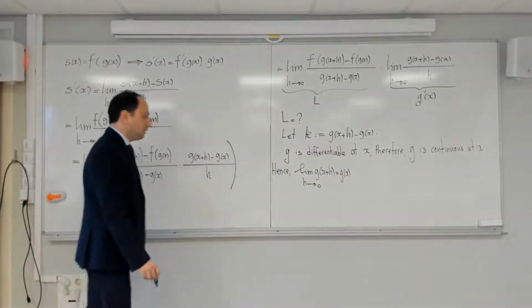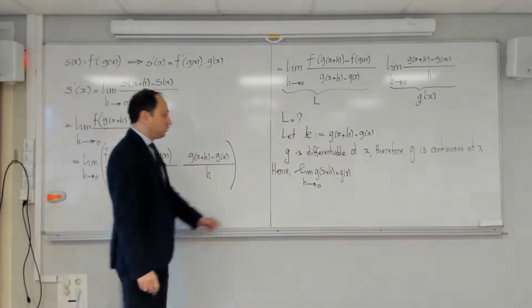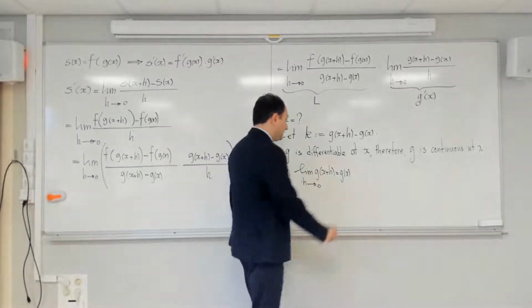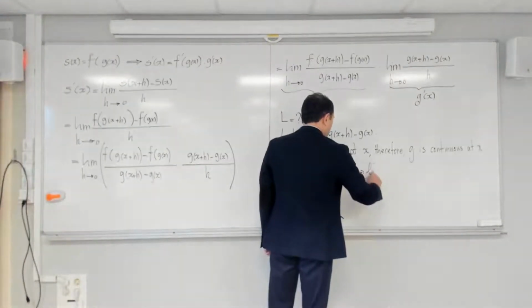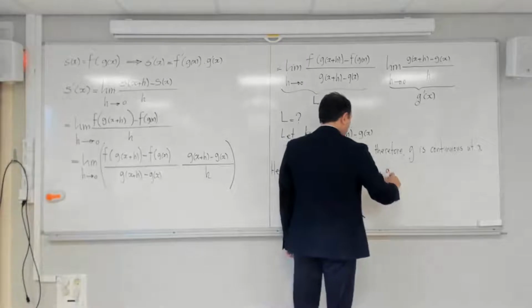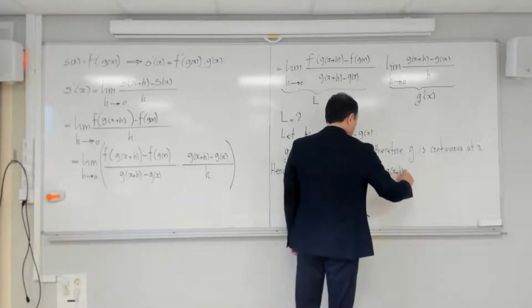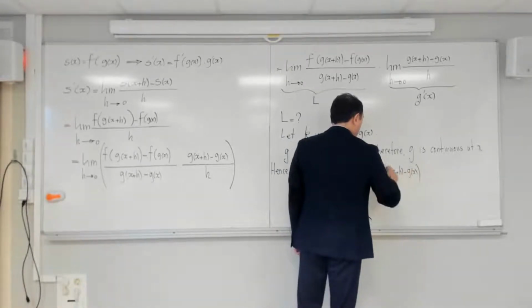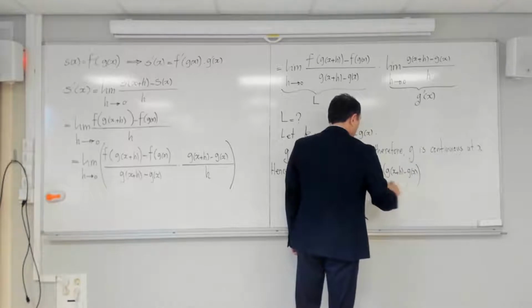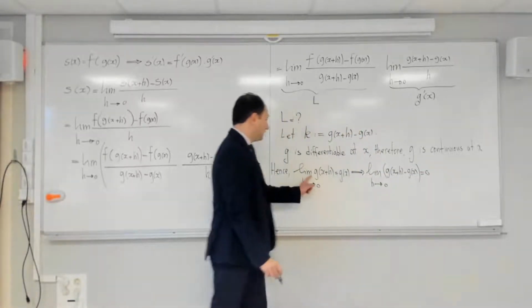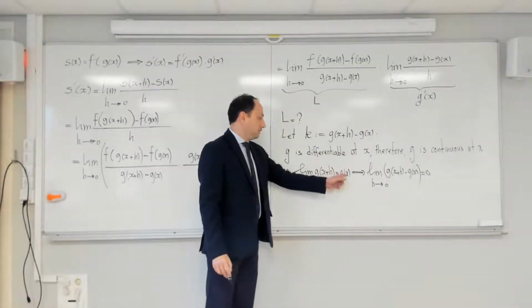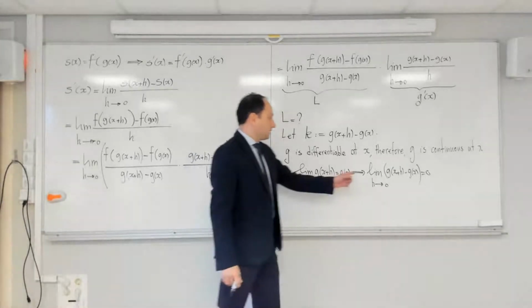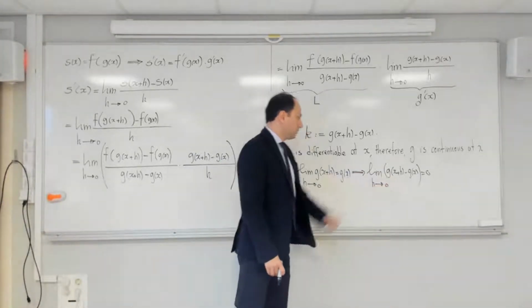That is the meaning of g being continuous at x. And then this means that the limit of this difference is actually equal to 0. If the limit of this one is equal to the limit of that one, it means that the limit of the difference is equal to 0.